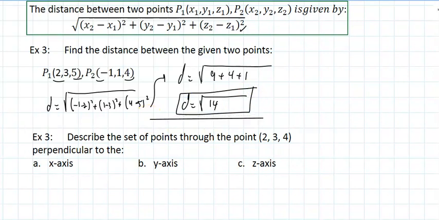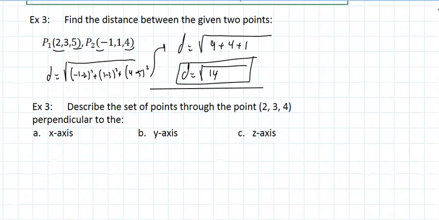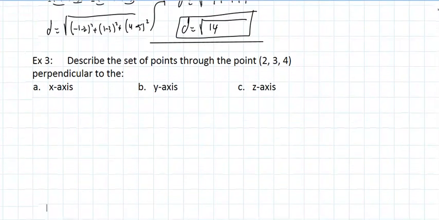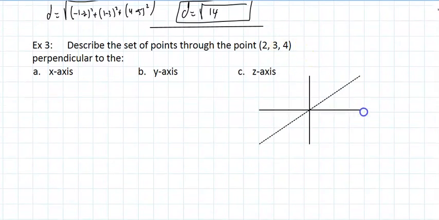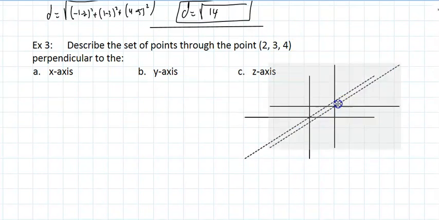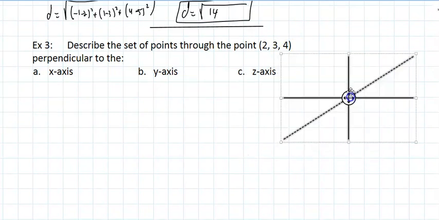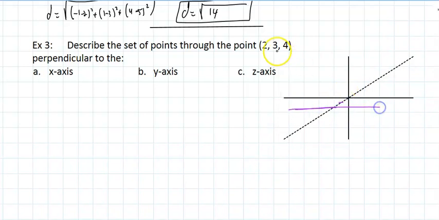Now, I'm picking what we need for this class. There's a lot more, but I'm only going by what we need. If you look at the point 2, 3, 4, I would suggest that you sketch a graph every time you're looking at one of those. The point 2, 3, 4. So this runs back and forth, but y is fixed at 3: 1, 2, 3.